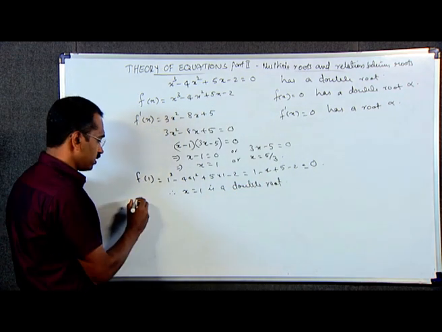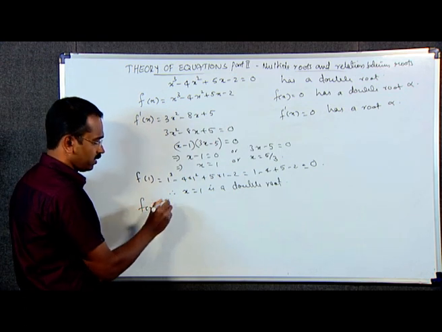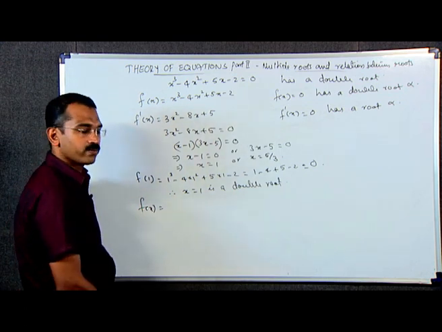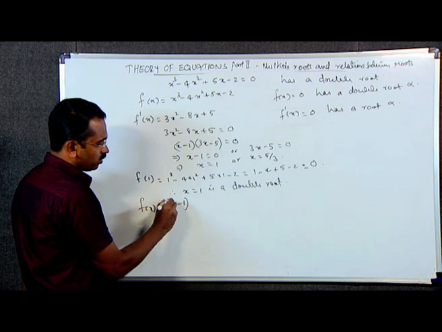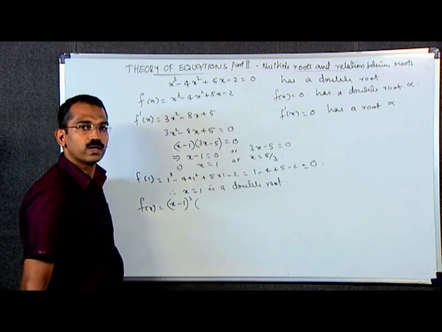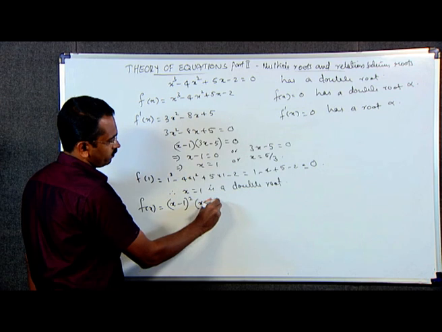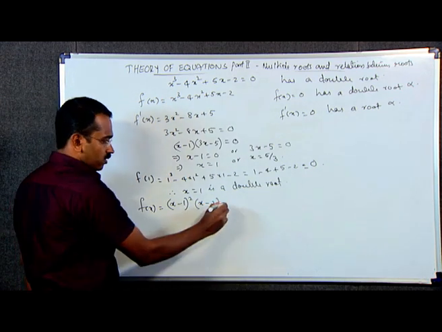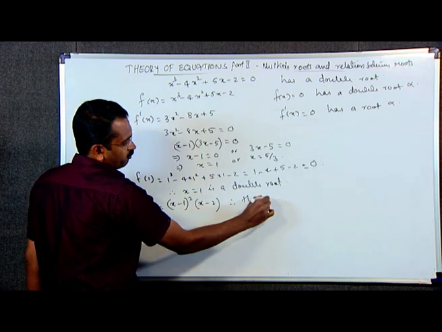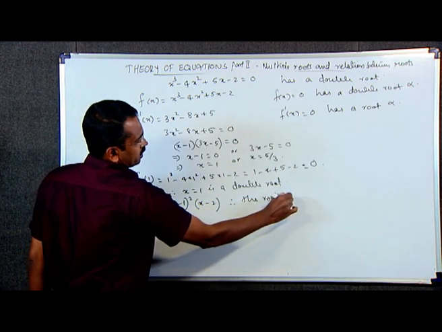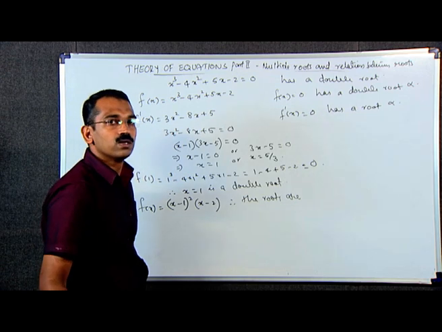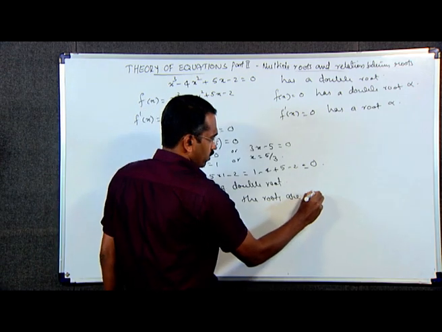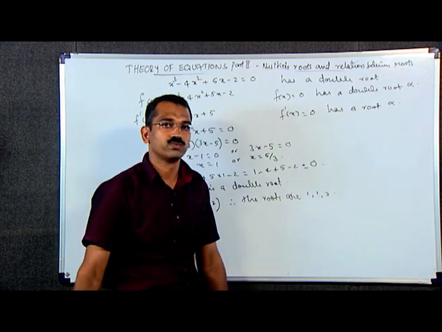And we can write f of x as f of x is equal to x minus 1 the whole square into x minus 2. Therefore, the roots of the given equation are 1, 1 and 2.